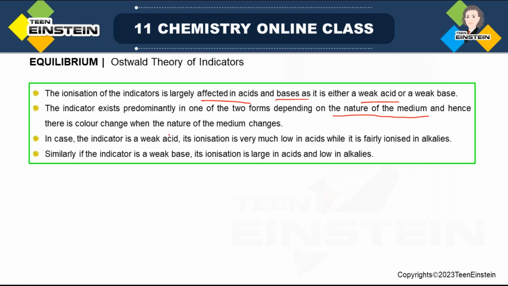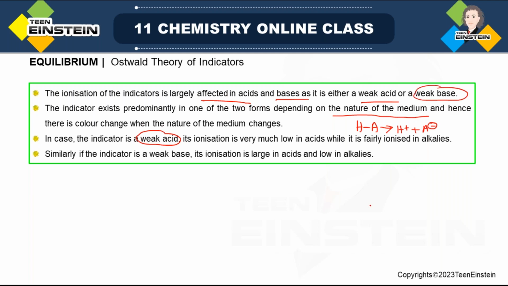Suppose the indicator is a weak acid. In this case the ionization will be very low if it is in acid medium. Suppose I write the weak acid as HA, and its dissociation to H plus and A minus will be very low at lower pH, that means acidic pH, but it will be higher at basic pH. Similarly, the indicator may be a weak base also.